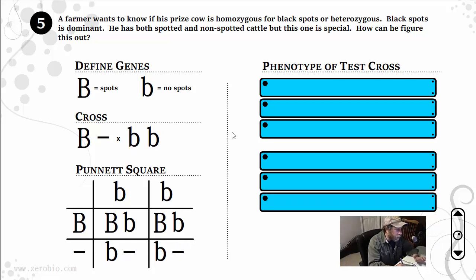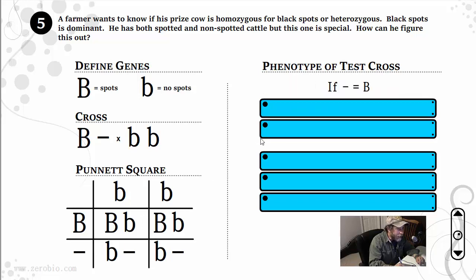And then you say, I don't know if we're any further ahead. Well, we are, because these are real potential baby cows that the farmer can have. If the farmer's cow was big B, then this dash would have been a big B, and all of these would be big B. So what is the farmer going to see in the offspring?